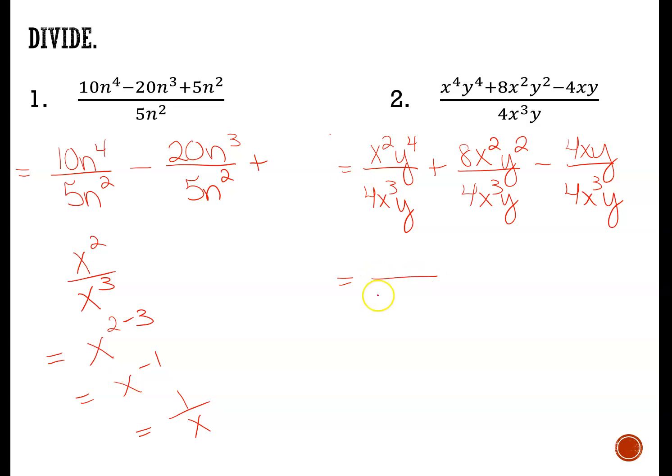All right, so let's come back here. I've got that 4 on the bottom. That's not going to move. But for the x's, my bigger exponent's on bottom, so I'm just going to keep the x on the bottom, and as long as I do that, I can just do the big minus the small exponent. So I can do 3 minus 2, and that'll just be x to the first power.